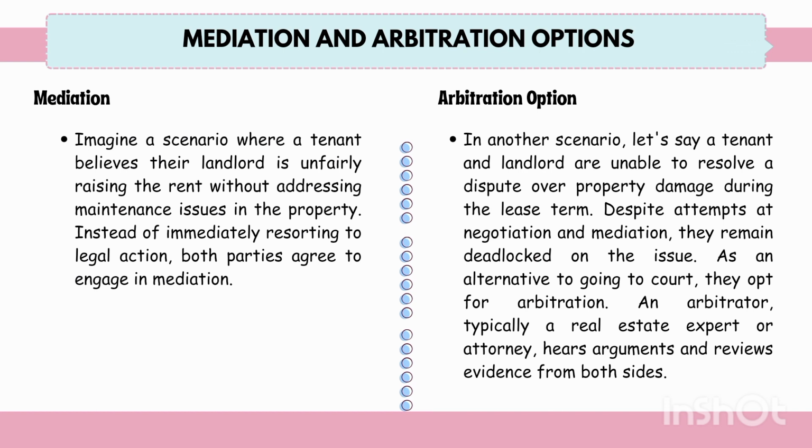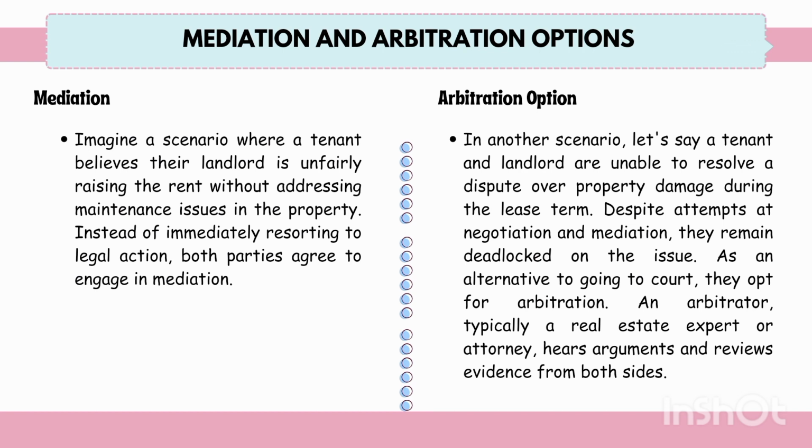Arbitration. In another scenario, let's say a tenant and landlord are unable to resolve a dispute over property damage during the lease term. Despite attempts at negotiation and mediation, they remain deadlocked on the issue. As an alternative to going to court, they opt for arbitration. An arbitrator, typically a real estate expert or attorney, hears arguments and reviews evidence from both sides.